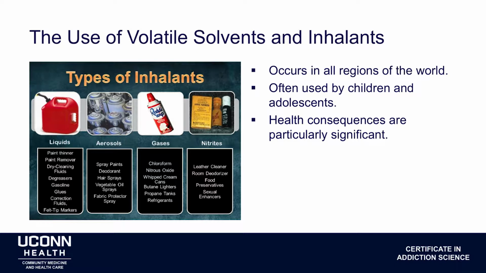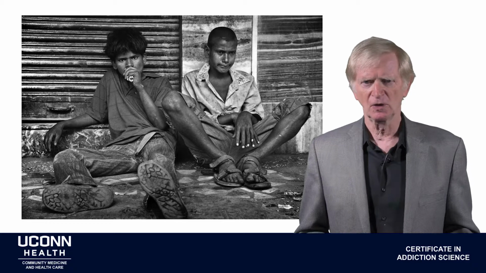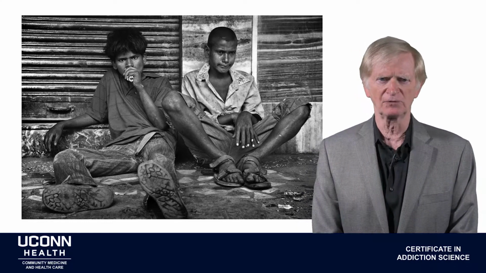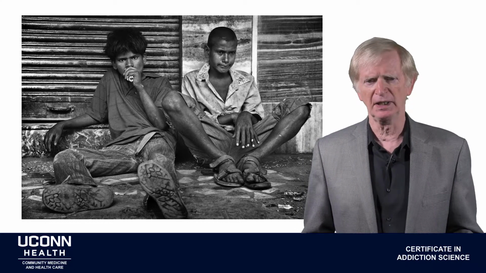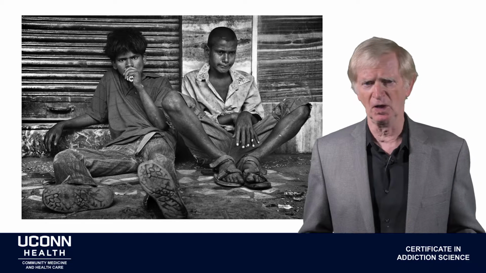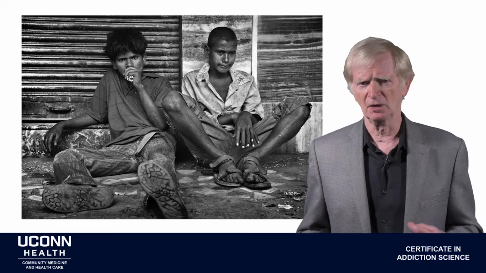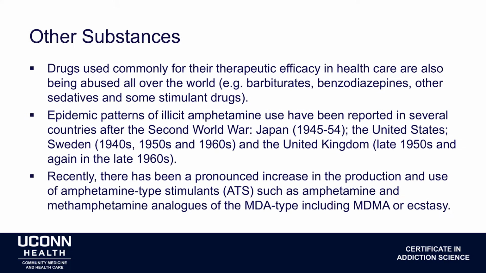It occurs in all regions of the world, but it's particularly damaging to young children and adolescents in large urban areas where there are very poor living conditions. The health consequences can be quite profound in terms of the effects on the development of a young person's brain.